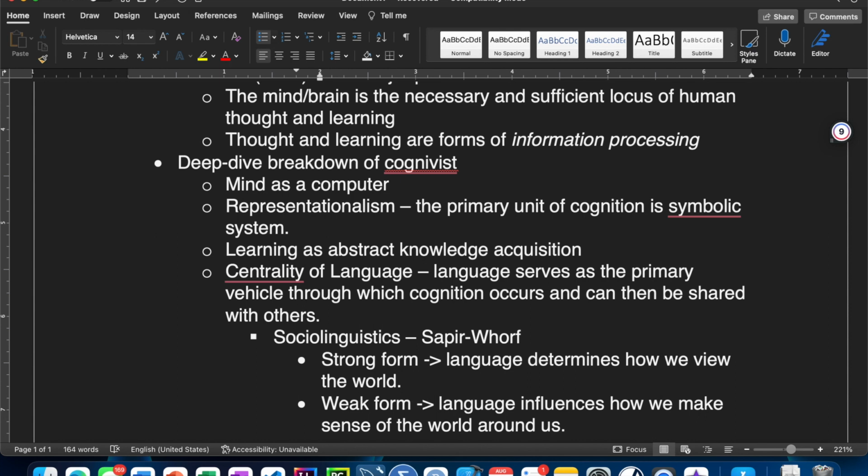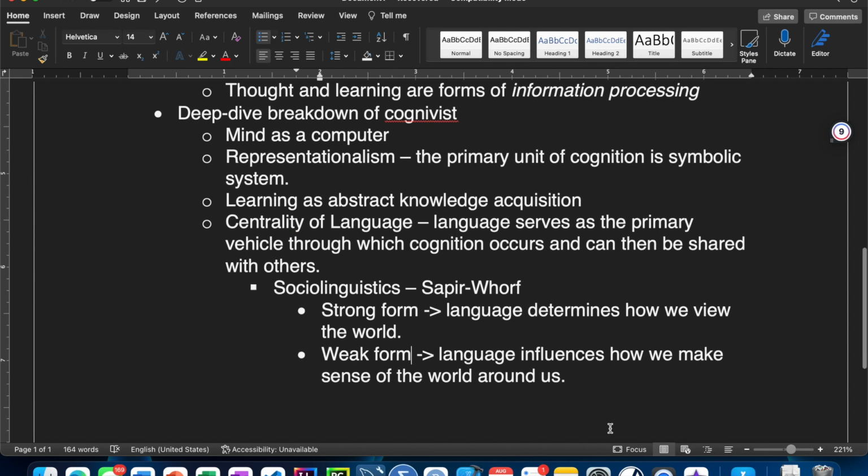If you look at many Native American languages, for example, Cherokee comes to mind, the way that time is encoded in Cherokee linguistically is different than the way it's encoded in English. So the weak form of the Sapir-Whorf hypothesis would say that the qualitative experience of the passage of time will have subtle differences for the native Cherokee speaker versus the native English speaker, right? And many of us would be willing to accept this.